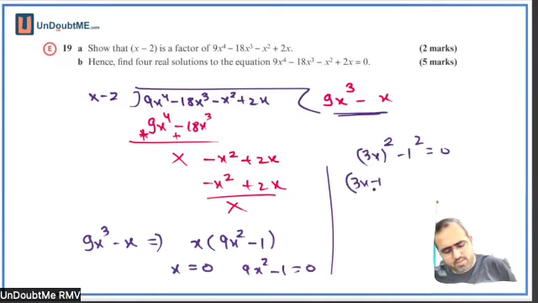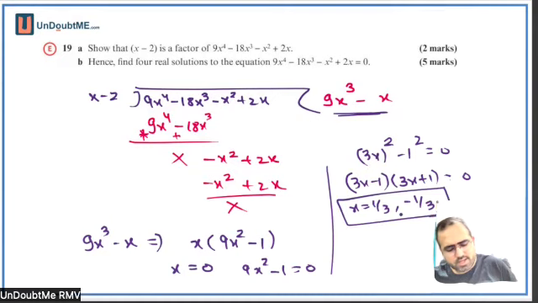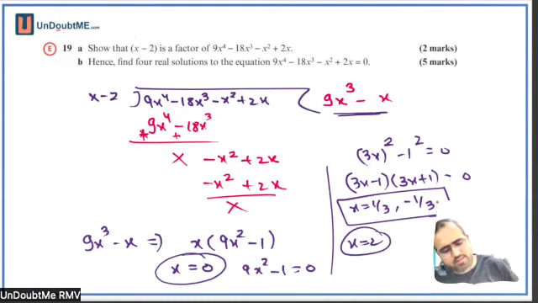So (3x minus 1)(3x plus 1) is equal to 0. That will give me x is equal to 1/3 and minus 1/3. And x is equal to 2 is already there. So these are the 4 real solutions. It was looking difficult, but it is not when we are actually solving it.